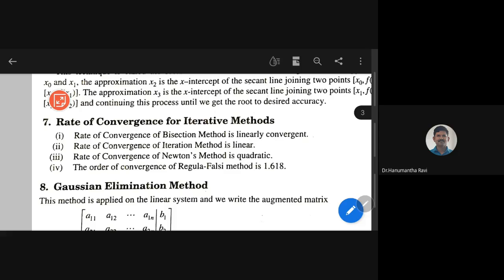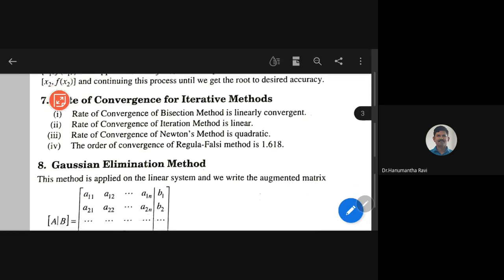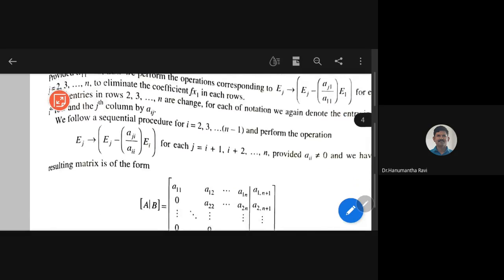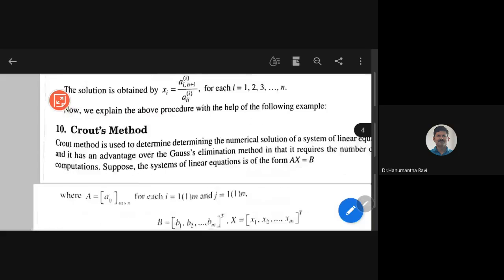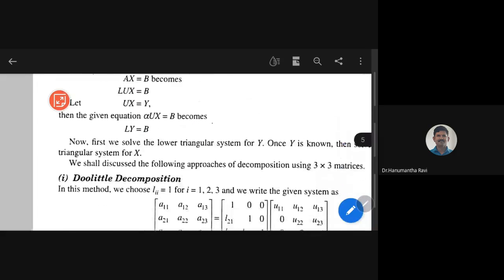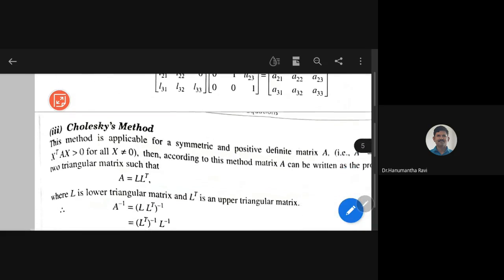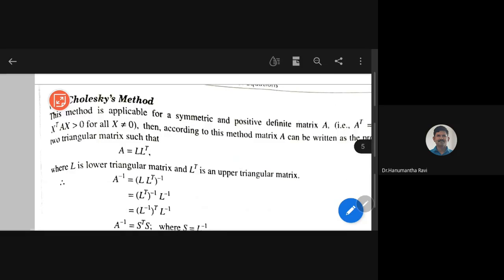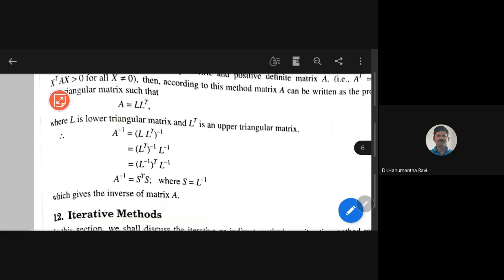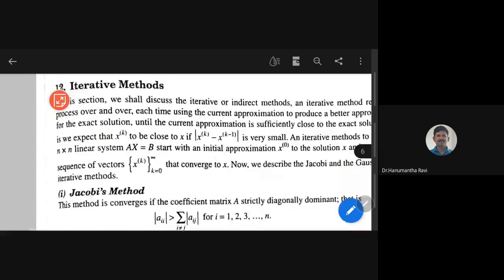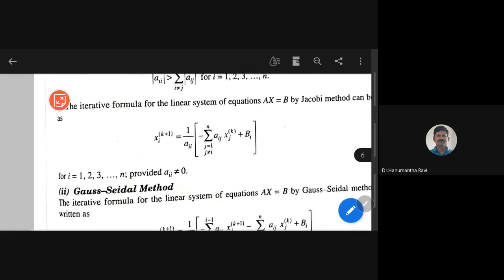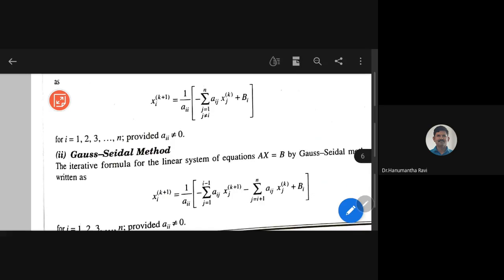Then this is all about a single equation. Then you have a system of linear equations. We have the Gauss elimination method, then the Gauss-Jordan method, Kraut's method, and the LU decomposition method, which you might have seen. These are the few methods useful for the development of numerical methods for solving systems of linear equations.